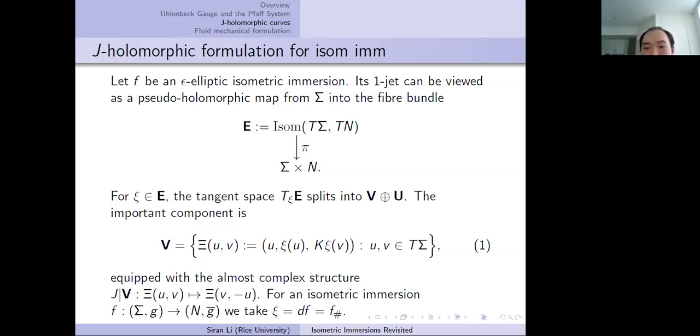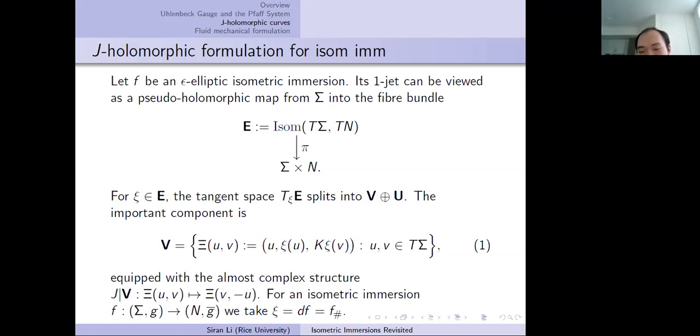I call this fiber bundle E. Pseudo-holomorphic, as we PDE people understand it, is a generalization of the Cauchy-Riemann equation, which is of the first order and elliptic. So there's a regularity theory for that.